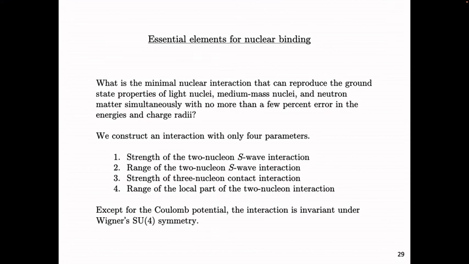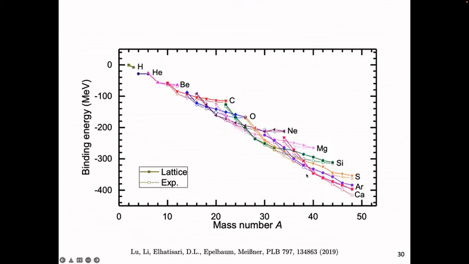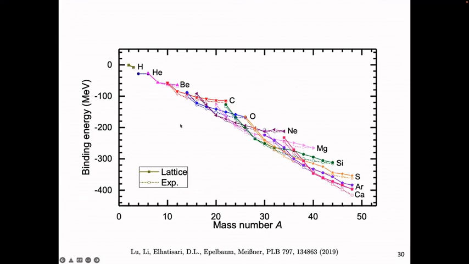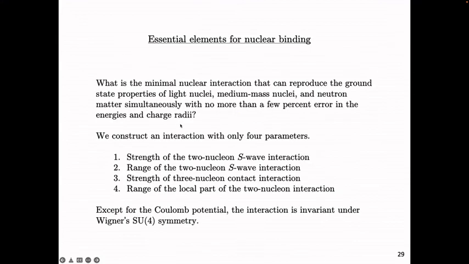Got it. So in bullet point number 3, how exactly do you tune the strength of the three-nucleon contact interaction? What observable do you tune that to? We just simply tune it to the triton binding energy. Got it. And is there some fancy Hubbard-Stratonovich transformation that you use to deal with the three-nucleon contact interaction, or how do you deal with that?